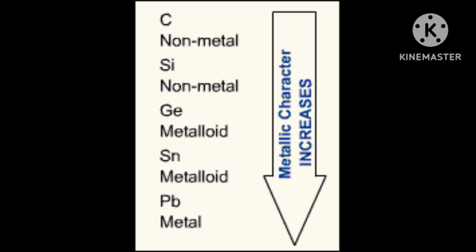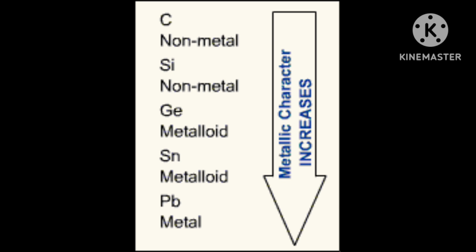Here it is more. The electronegativity values for elements from silicon to lead are almost the same. Already I have told you. Now other things I am telling you: all group 14 members are solid.